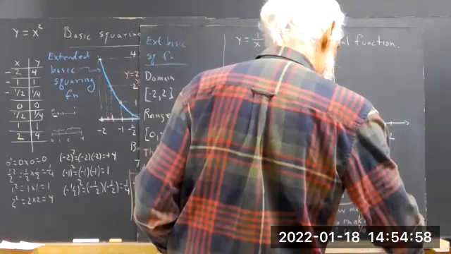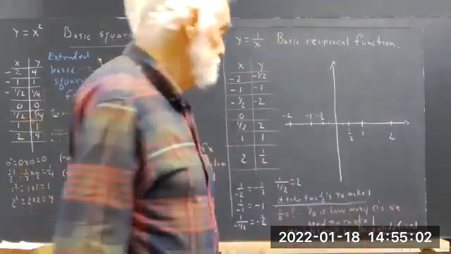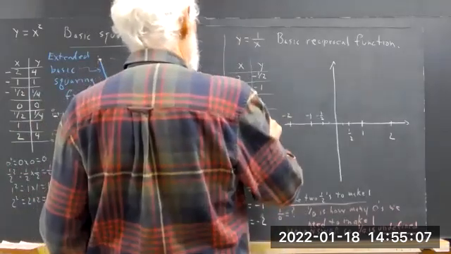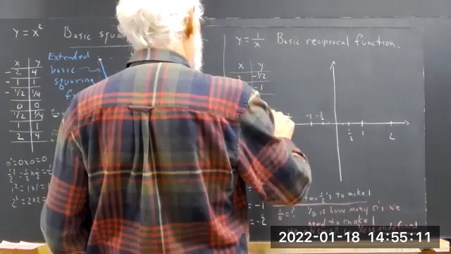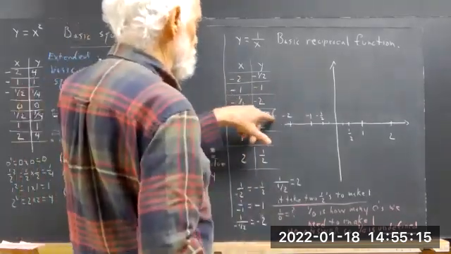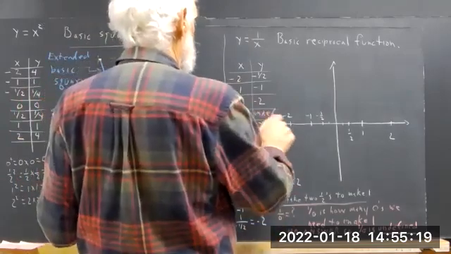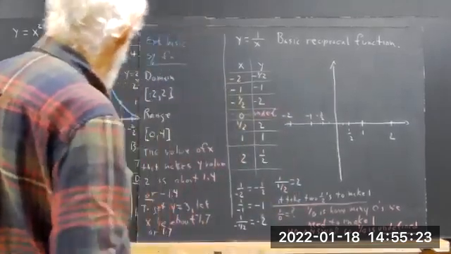Hopefully you can read this. 1 over 0 is undefined. I don't have room to write out the whole thing, but I'll just abbreviate undefined, UNDEF. And you know what the rest of it is. So just kind of cross that out. It's not included.